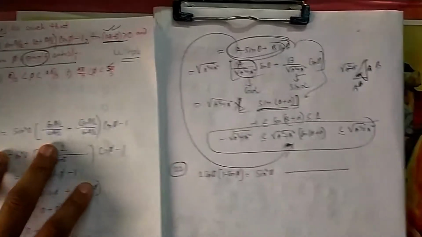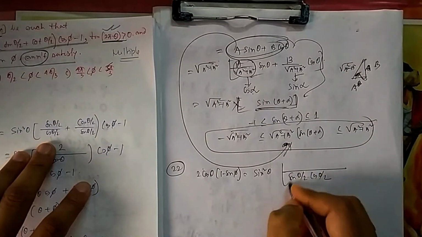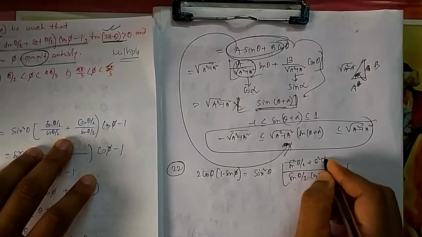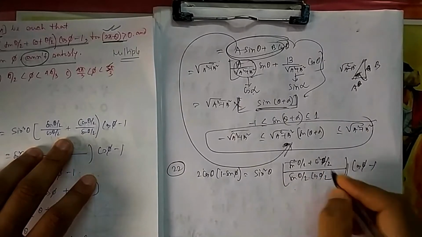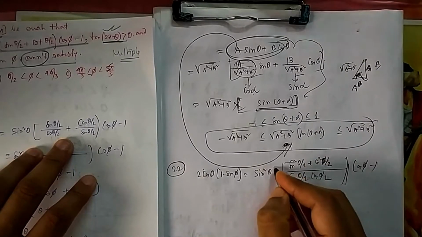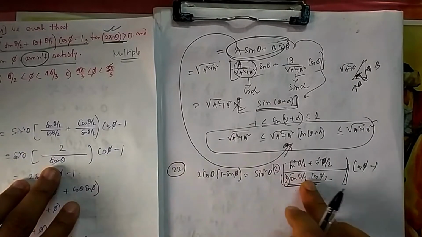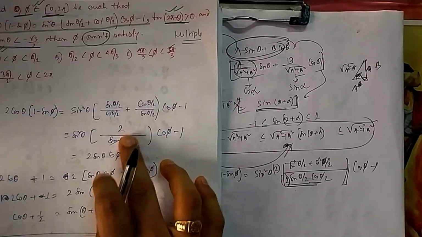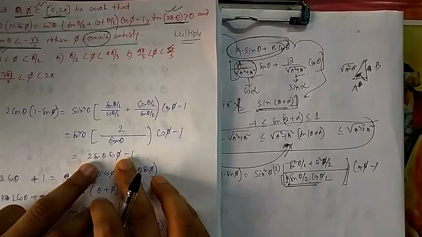If you take the LCM, it will be sin theta by 2 cos theta by 2, and the upper portion will be sin square theta by 2 cos square theta by 2, multiplied by cos phi minus 1. If you multiply numerator and denominator by 2, it becomes 2 sin theta cos theta, that is sin 2 theta, with theta by 2 becoming theta and the 2 coming upside. Now one sin and one sin square get cancelled, and it looks like this.